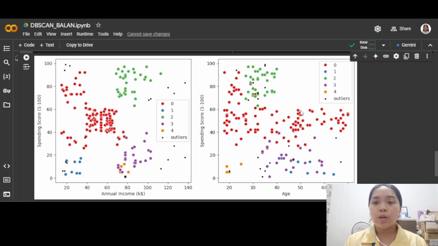So this is where the selected features contribute significantly. So for instance, we might observe a cluster of high income, high spending customers or a cluster of younger customers with moderate spending scores. So based on the features and clustering results, we can identify customer segments for targeted marketing.